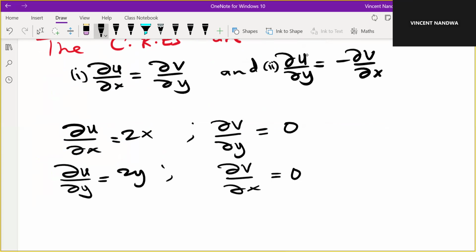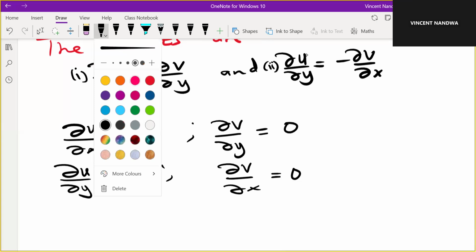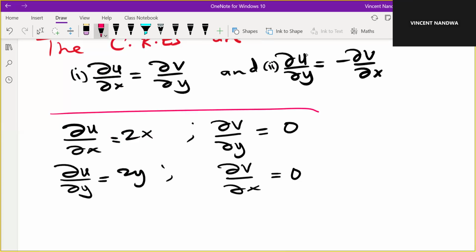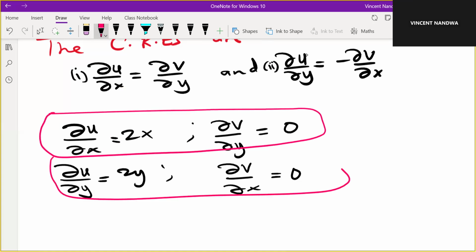So remember, both conditions for the Cauchy-Riemann equations must be satisfied for us to say that any point is analytic. So we expect these to be the same, and we expect these two to be negative of each other. So which value of x and which value of y will satisfy both conditions, the first equation of the CREs and the second equation?